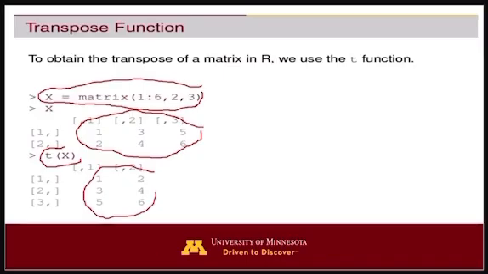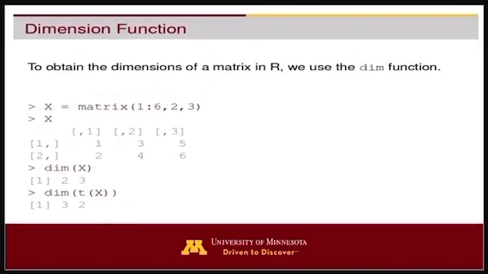Okay. Then the dimension. At times, you have a multivariate data set, and you really want to know its dimension. What I mean by the dimension of the data set is that you want to know the number of rows, maybe the number of observations. You also want to know the number of features. In R, it's dim.